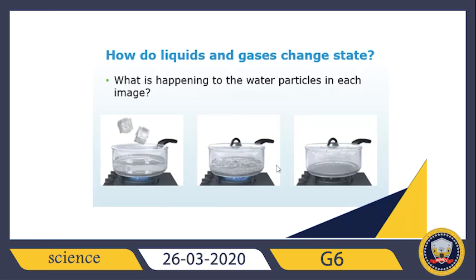And as you can see here, the amount of water decreased so much as we reach the third image. So here we have the melting process, here we have the boiling process, and here we have the evaporation process.